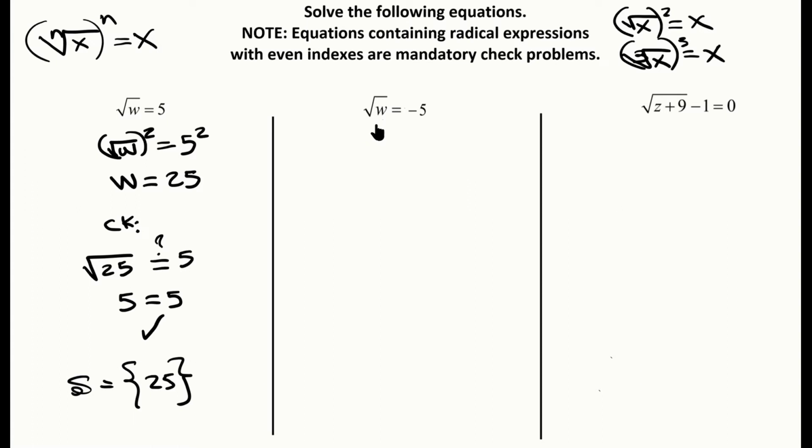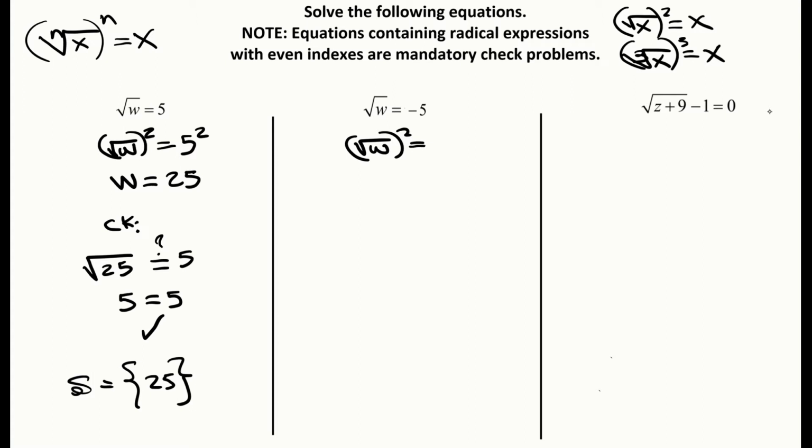But of course, looking at a problem like this one, if you're alert enough, you should realize right away, how can there be a real number whose square root is -5? There is no such real number. So if you're alert enough with a problem like this, you could say no solution right away. But let's say we were in autopilot mode and we just went through the motions and we just went ahead and squared both sides.